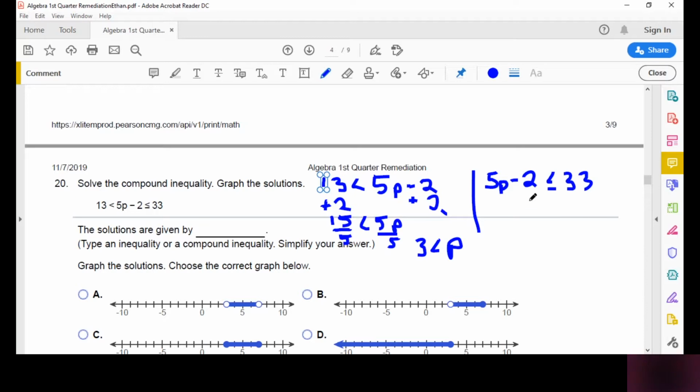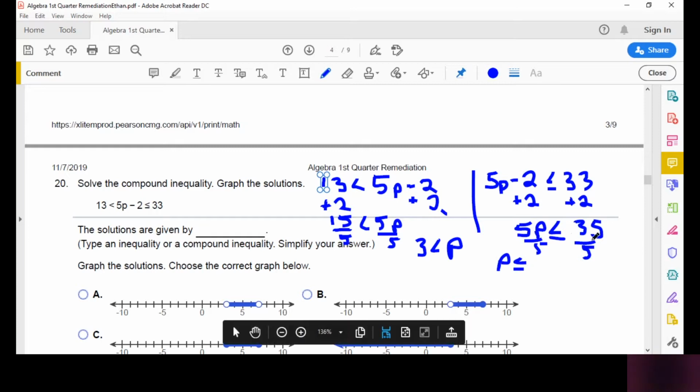Okay, now we do the next side. Add 2 to both sides. So 35 is less than or equal to 5p. Well, we divide both sides by 5. So p is going to be less than or equal to, what is that? 7.